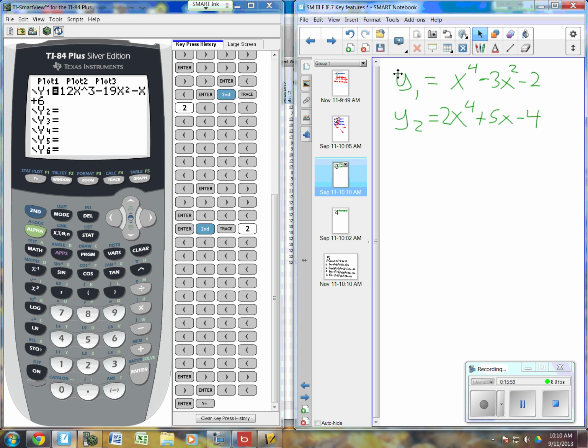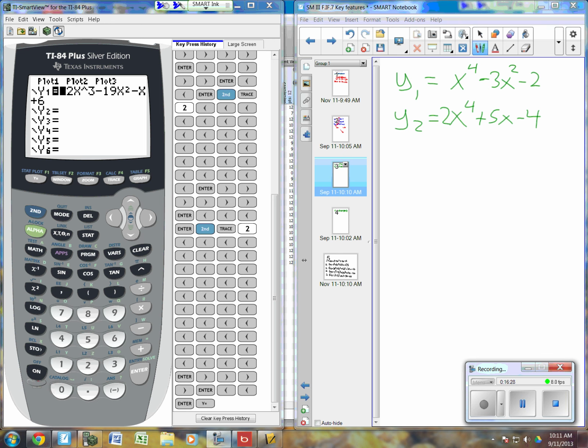Tell me, what do you notice about those two graphs? Carly says it's going up to the left and to the right. So when this is x to the 4th, how is this different than if it's x cubed? It makes it go up.